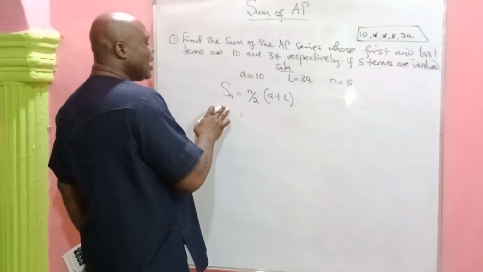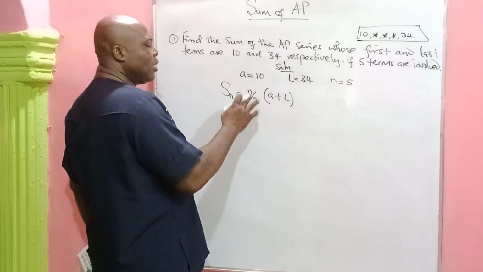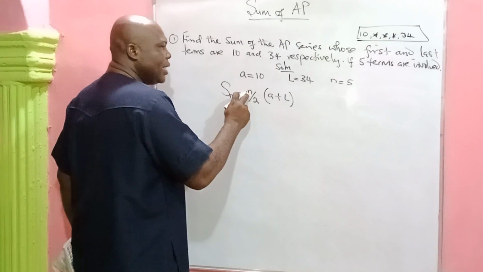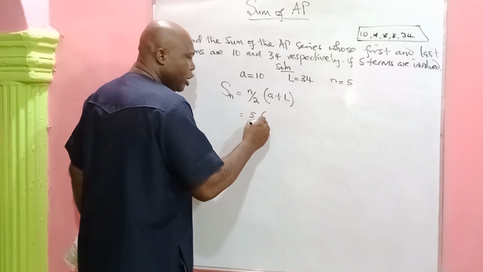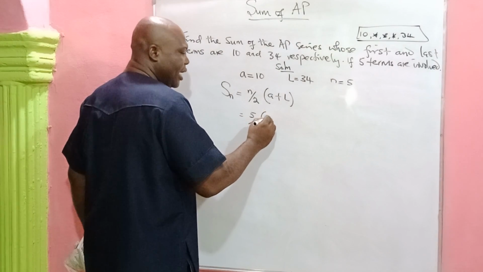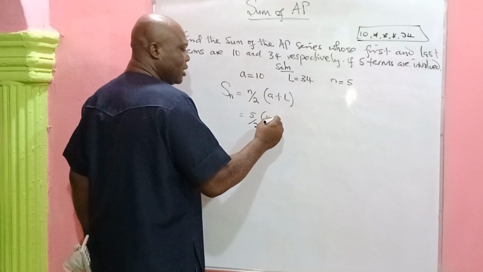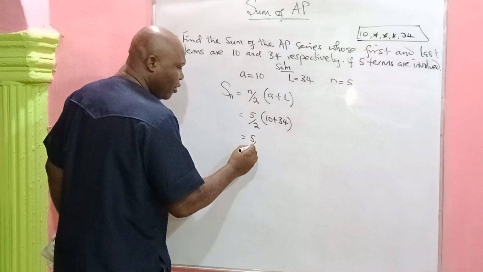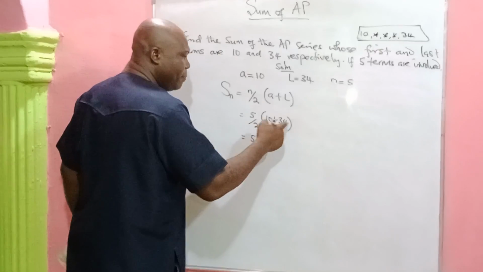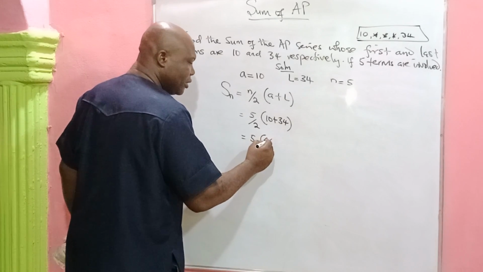Now, for the formula, S_n = n/2 (A + L). Here n is 5, so 5/2 into the first term, 10, plus the last term, 34. So we have 5/2 into 10 plus 34, which is 44.